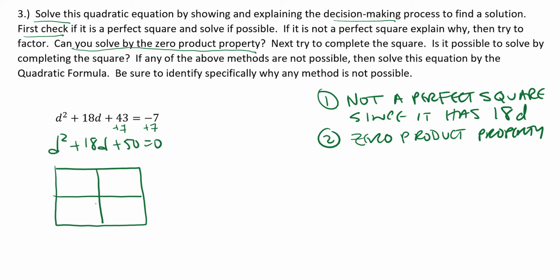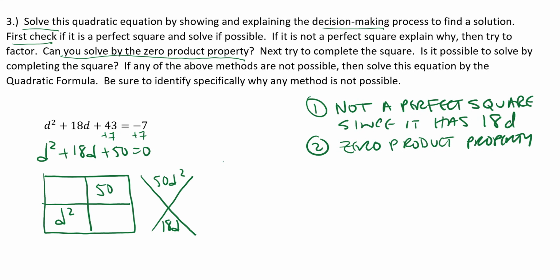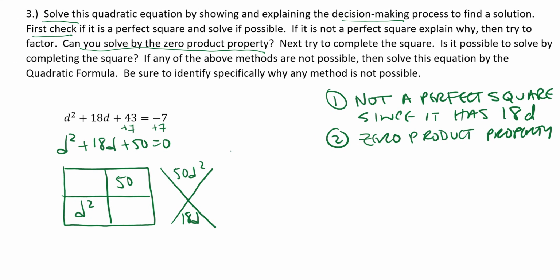Alright, so when I go to factor it, d squared plus 18d plus 50, my factors of 50 I want to add up to be 18. So I look at the factors: 1 times 50, 2 times 25, and 5 times 10.